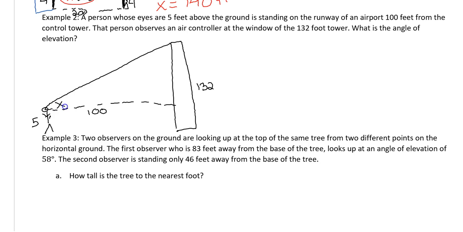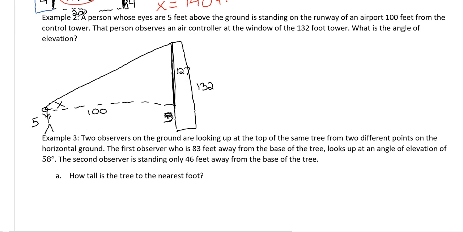I'm trying to find my angle of elevation. This is also 5 feet, so what's this here? It's 132 minus 5. What I can see straight ahead to the top is only 127.